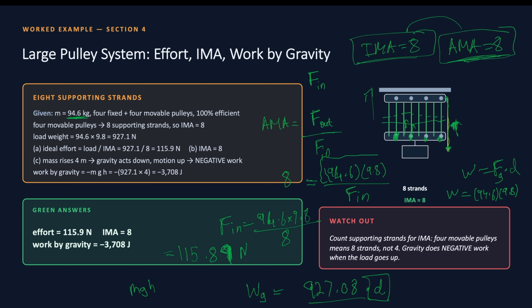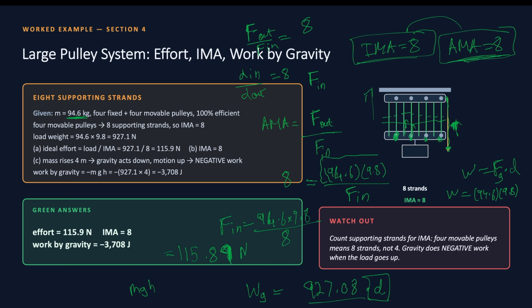So you could use force out over force in, right? That's equal to 8. So that means distance in over distance out must be 8. And if you find out your force in and your force out, you could probably find out this as well. But we're not going to look into that right now, okay?